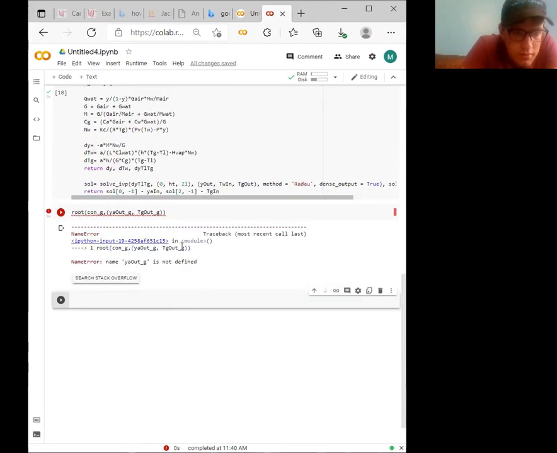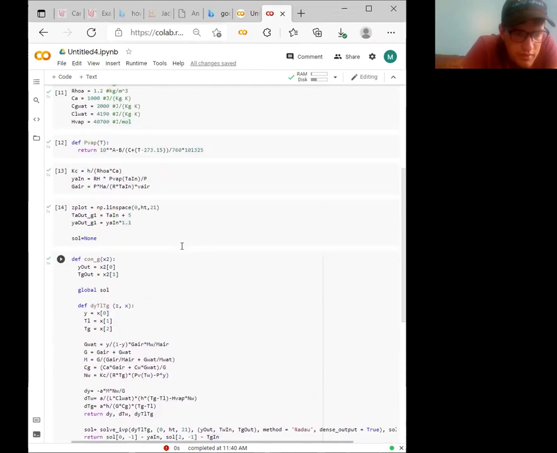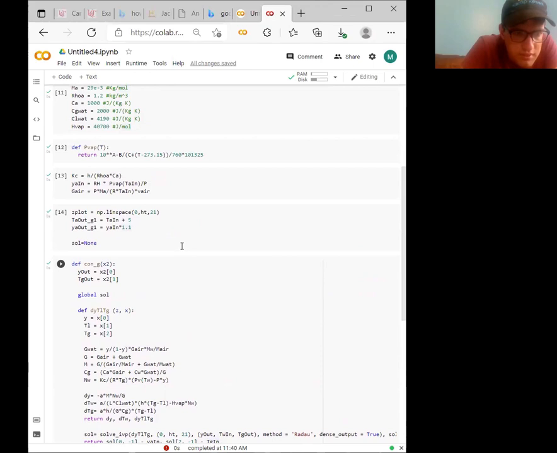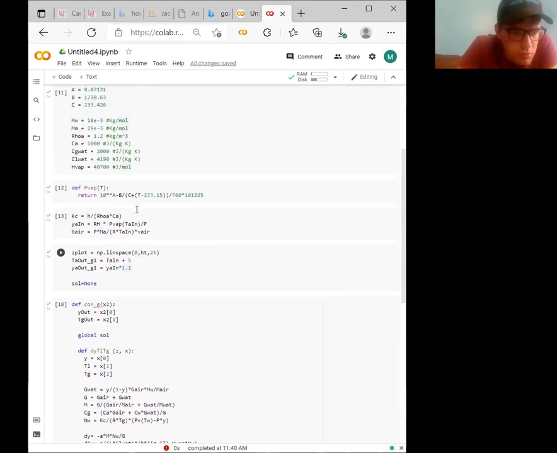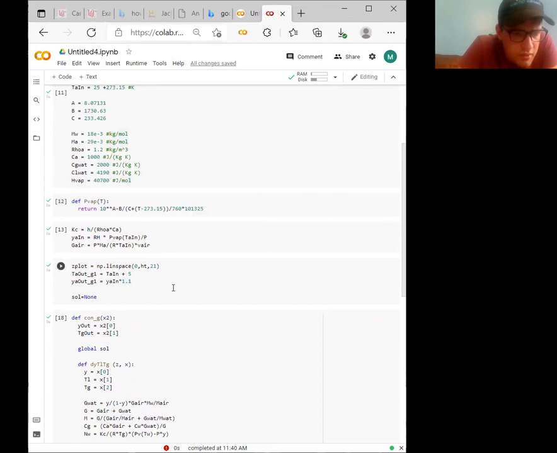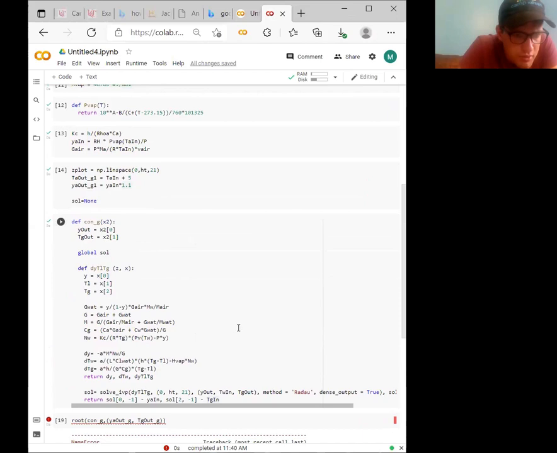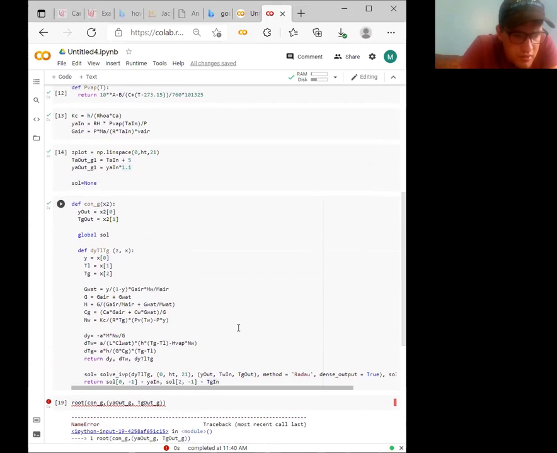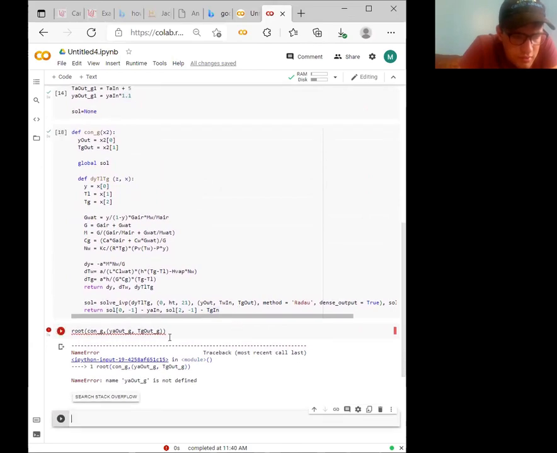Oh, okay. So I thought I defined our out as gas. Oh, there they are. It's as G1, I believe. I think that was the problem. Oh wait, no, it's not. Give me 1 second. I'm trying to figure out what I defined it as if it was not our guess of Y and our guess of the temperature.